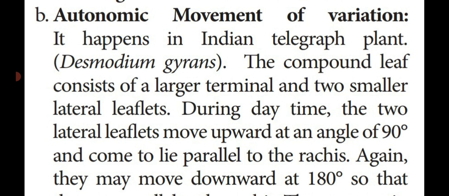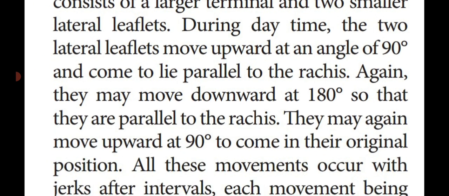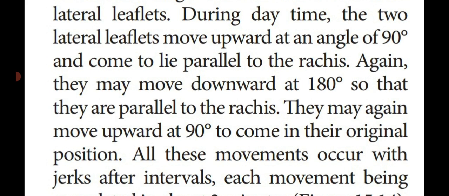During the daytime, the two lateral, that means side, leaflets move up and down. They move upward at an angle of 90 degrees and then come to lie parallel to the rachis. Again they move downward at 180 degrees so that they are parallel to the rachis.